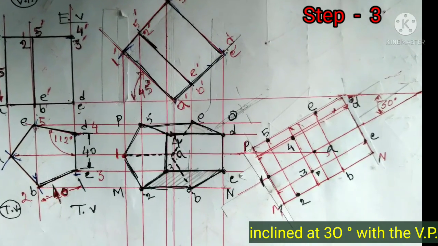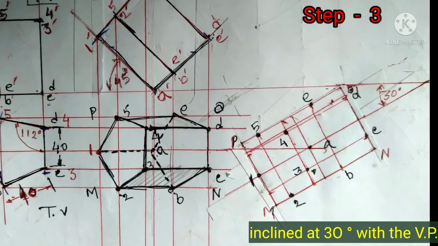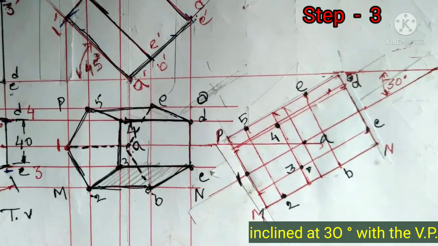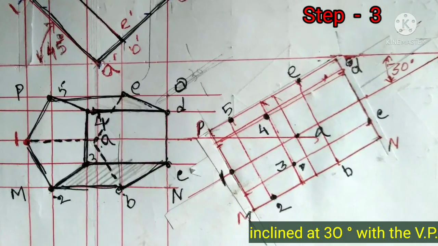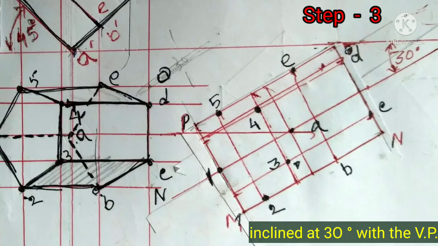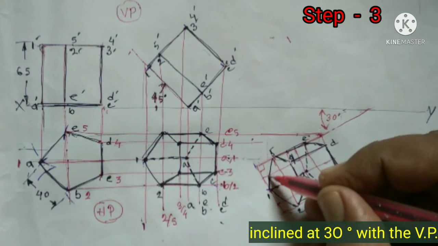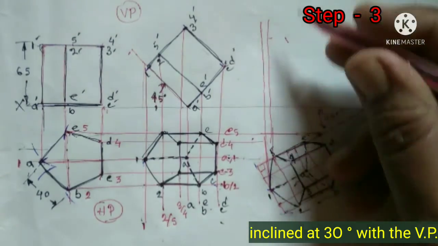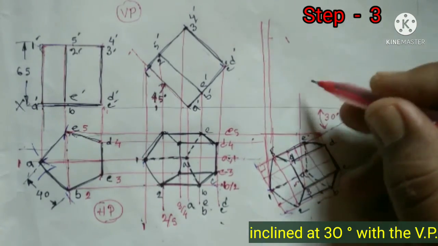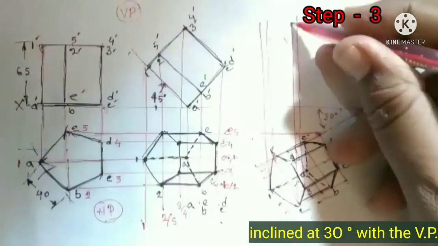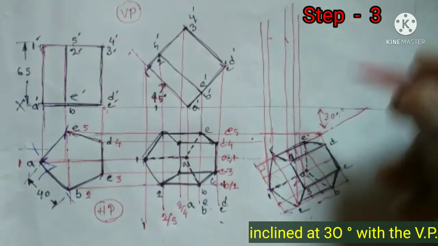Then draw the projection lines and after that mark the points. Complete the top view. Then draw the perpendicular projection line from the top view, which is 90 degrees to the XY line.